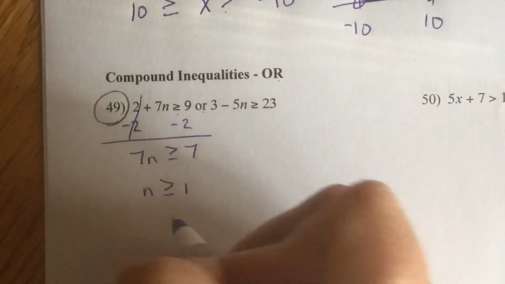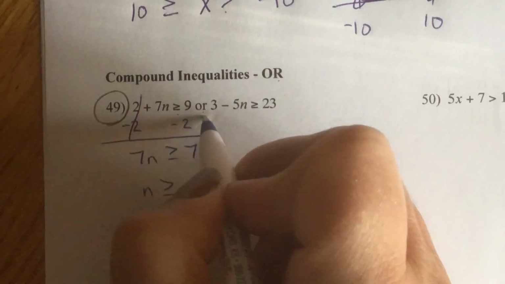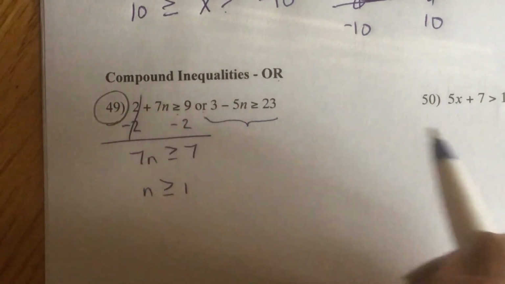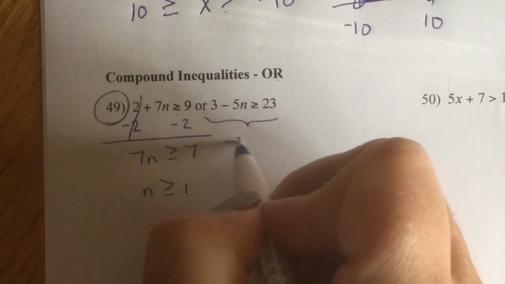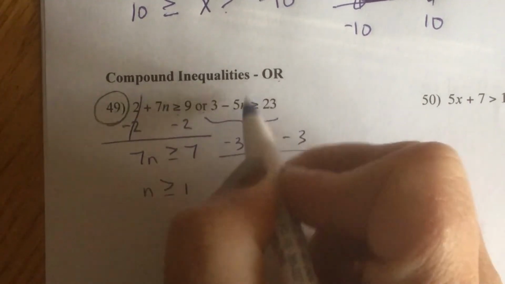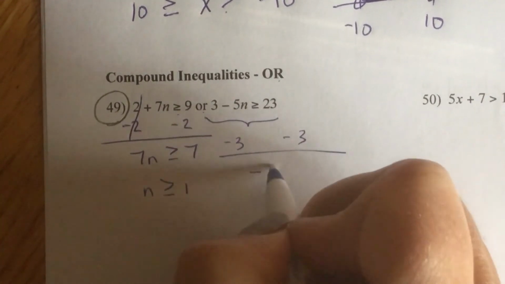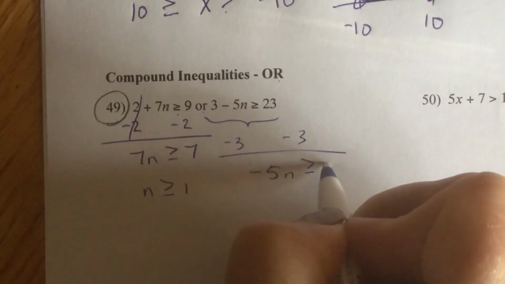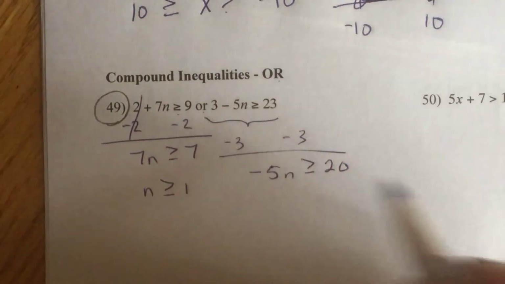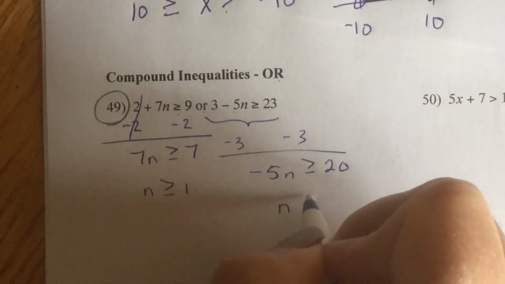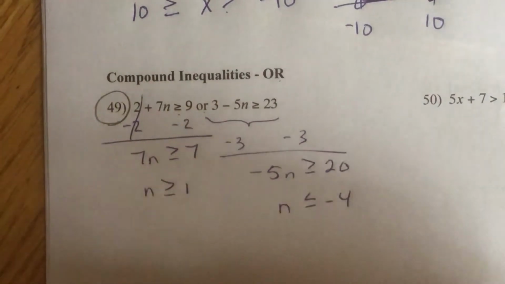So that gives me basically half of my answer. I have this inequality now to work. So if I subtract 3 from both sides of it, I get negative 5n is greater than or equal to 20. Then divide by negative 5, n is less than or equal to negative 4.